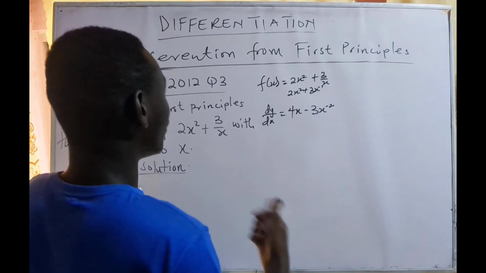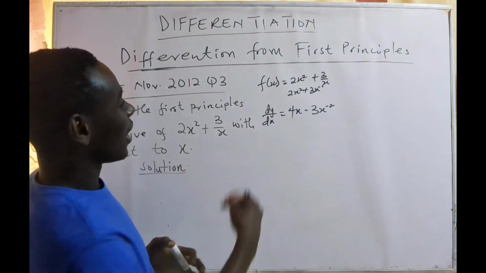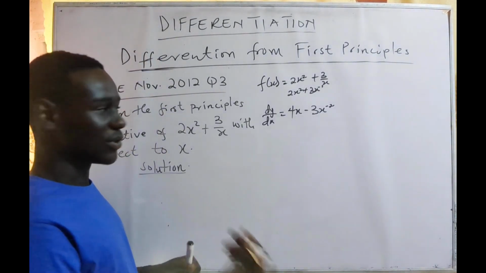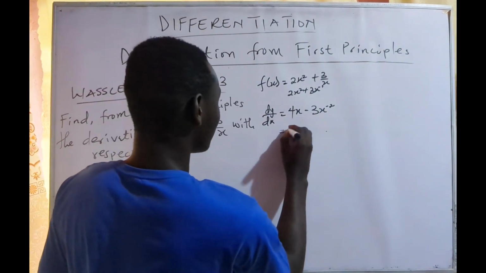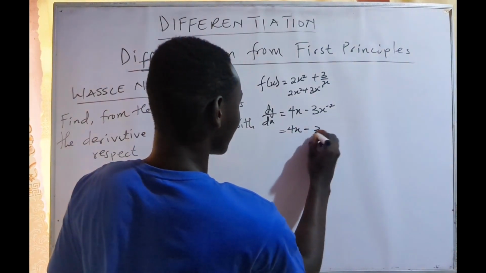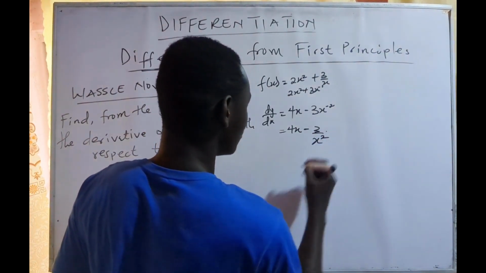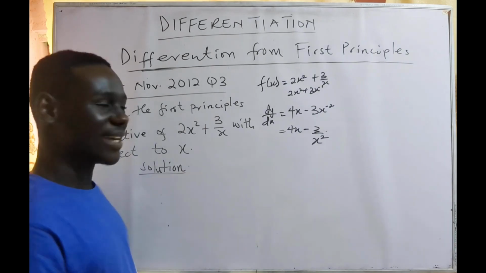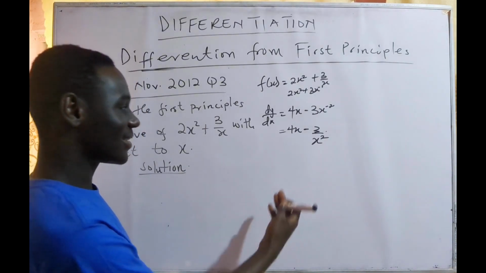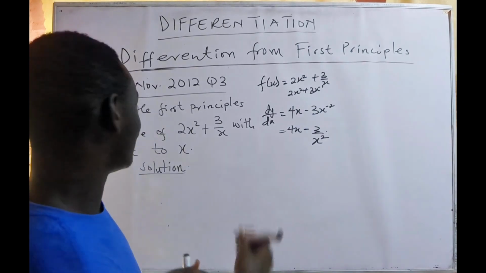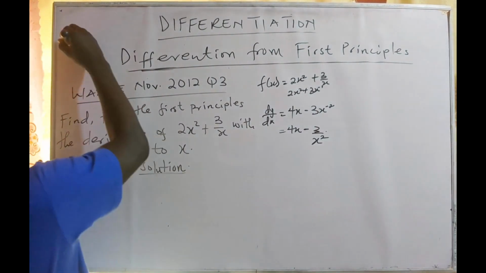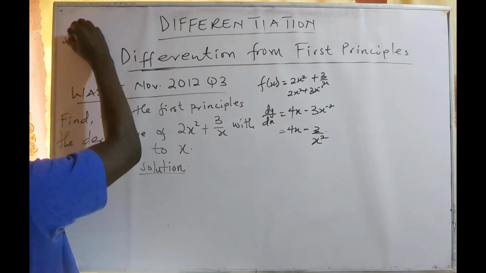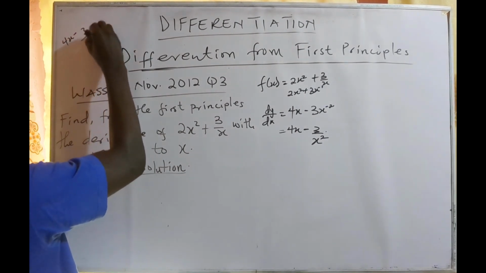So from the normal way of differentiation, dy dx is 4x minus 3x exponent -2, or 4x minus 3 on x to the power 2. So we expect our answer from the first principle to be 4x minus 3 on x exponent 2.